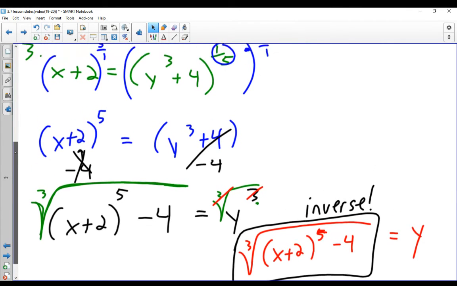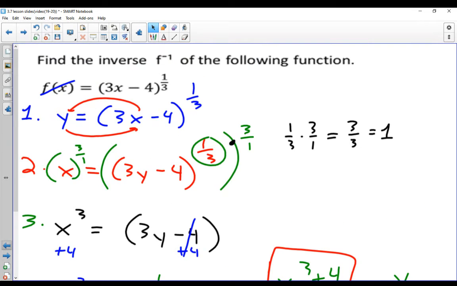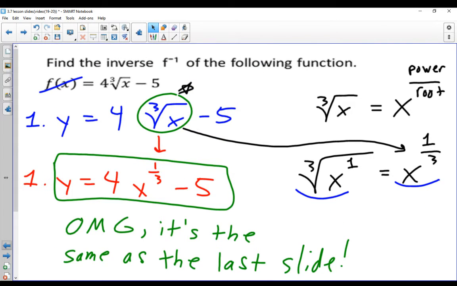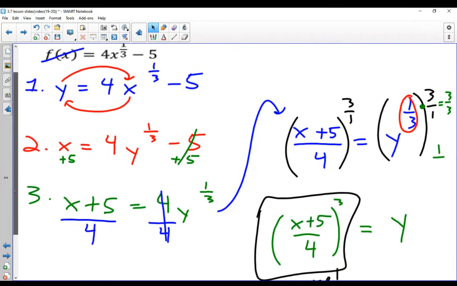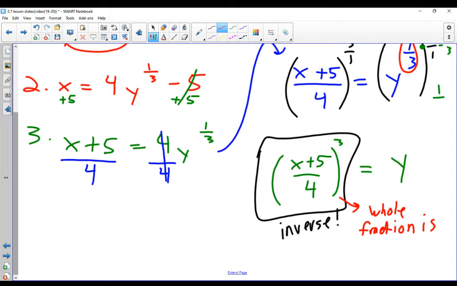Now I'm trying to remember, I think there's something I forgot. Let me go back. Oh, yep, it was right here. I do want to mention, for this answer, make sure that the entire fraction, the whole fraction, is in parentheses.